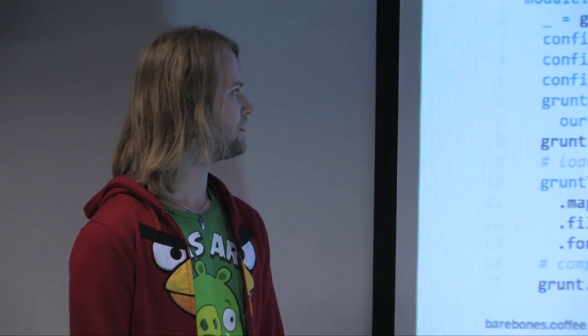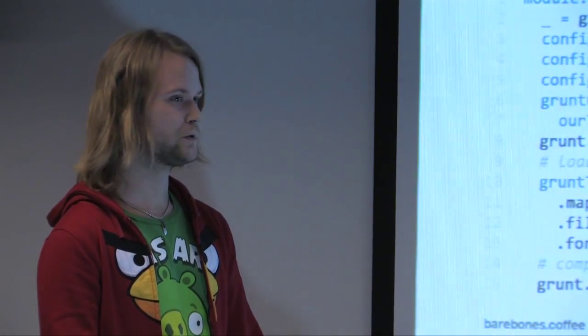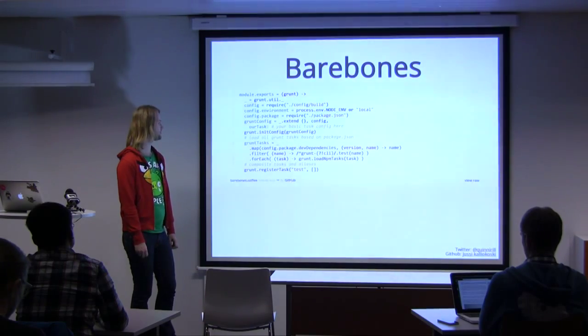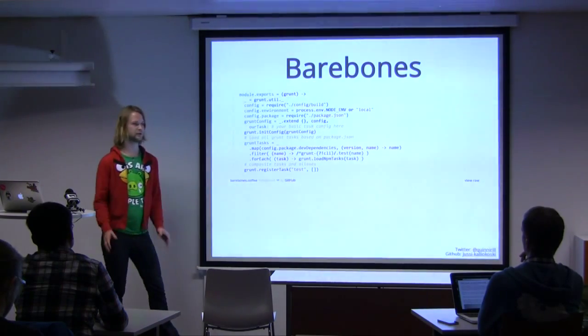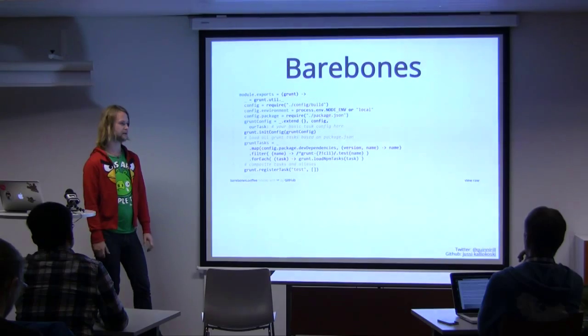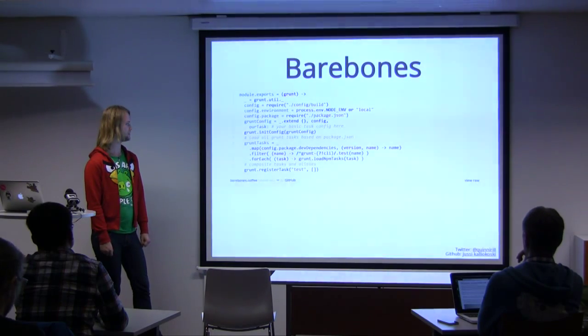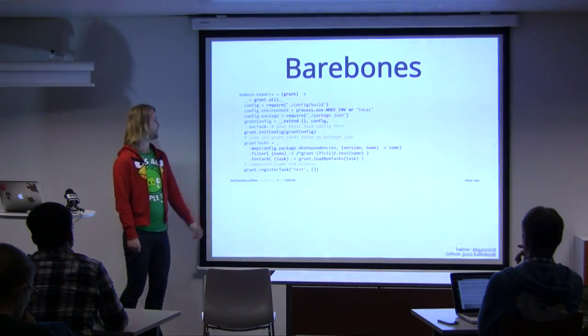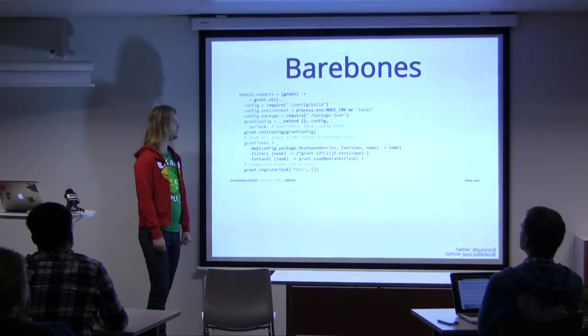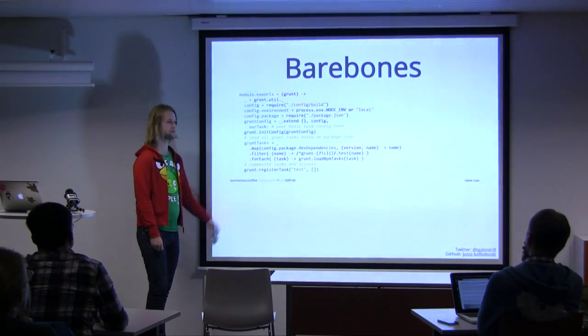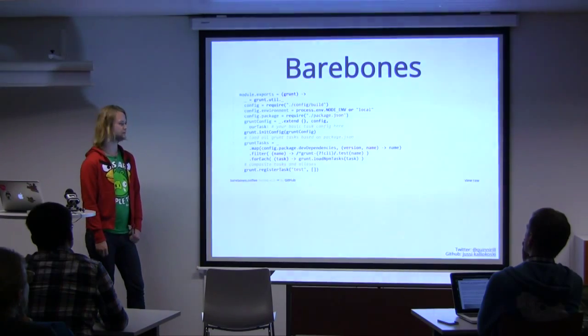We just set the environment to the config as well, so that we can reference it in our underscore templates. We set the package to the config as well, so that we can reference the package.json stuff also in the templates. Then we just extend that object with our grunt specific configurations.